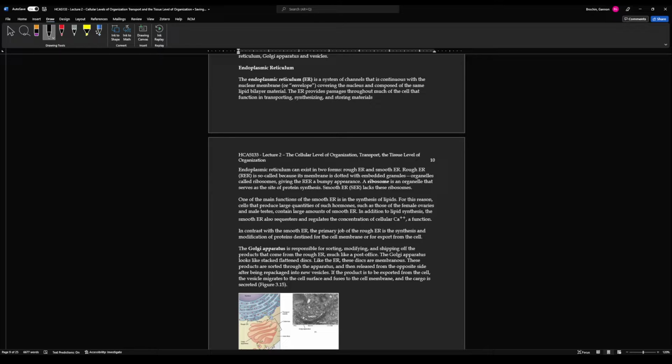Now, the smooth ER is associated with a lot of lipids and fat creations. It's also important for regulating the concentration of calcium, and this becomes important when we talk about muscle.